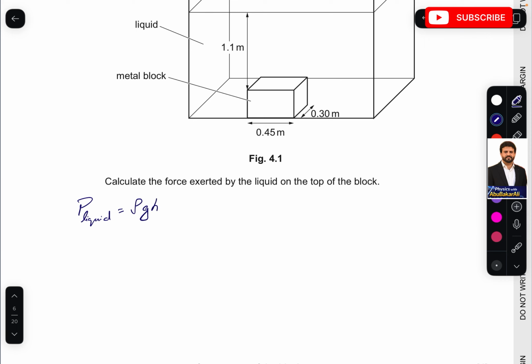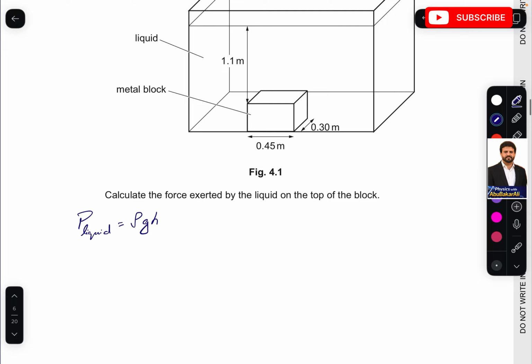This h is the depth, right? So they have given all the things. So we can find the pressure in the liquid, how much pressure it is experiencing. So if I find the pressure, then what I have to do, I have to find the force actually. Another relation I have, pressure is force over area. So I can say force equals pressure into area.